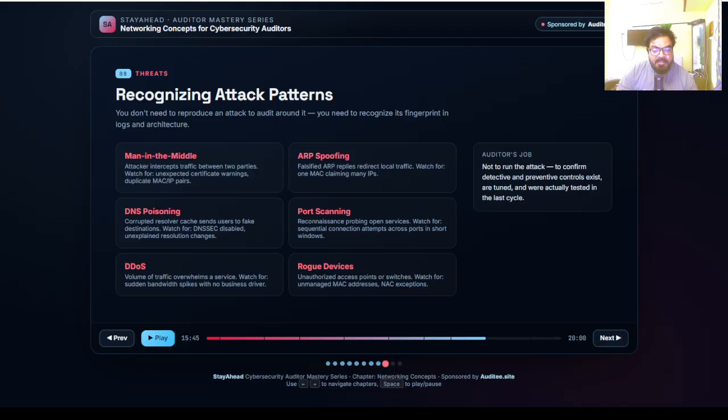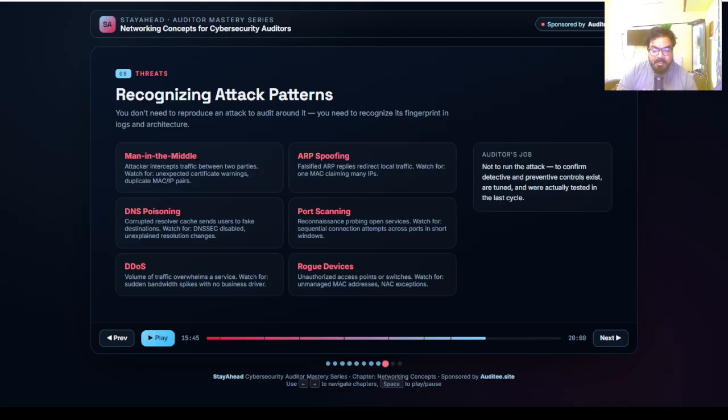Distributed denial of service attacks overwhelm a service with sheer traffic volume. Watch for sudden bandwidth spikes with no legitimate business driver behind them. Rogue devices, unauthorized access points, or switches plugged into the network show up as unmanaged MAC addresses or unexplained network access control exceptions.